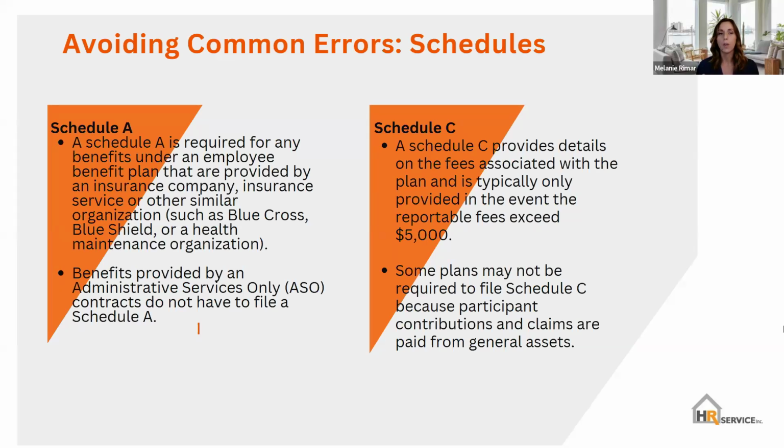We would mark no, and then explain that the insurance carrier did not give us a schedule. And that's one way to deal with it. Another way is to file your 5500 without the Schedule A, and then once you get it, we can file an amendment. Both are acceptable through DOL instructions.